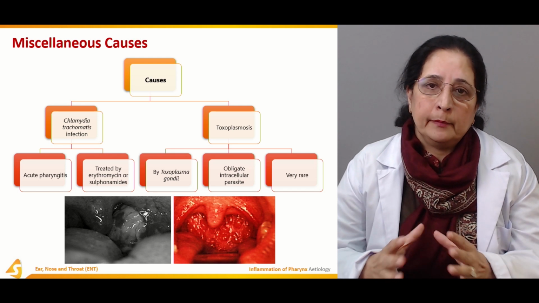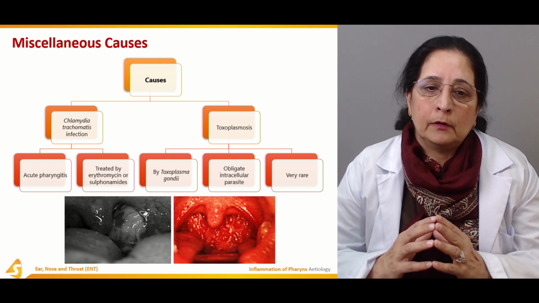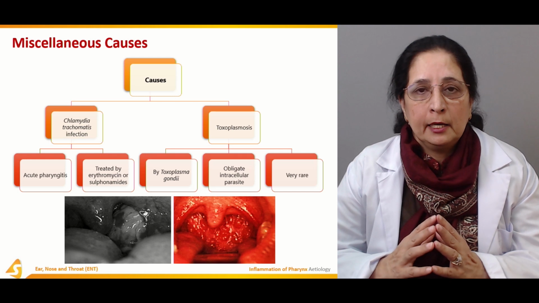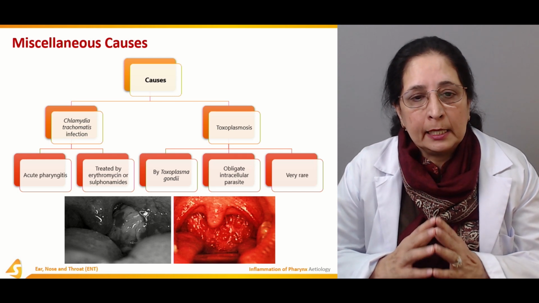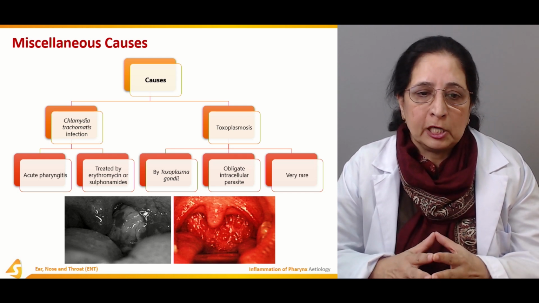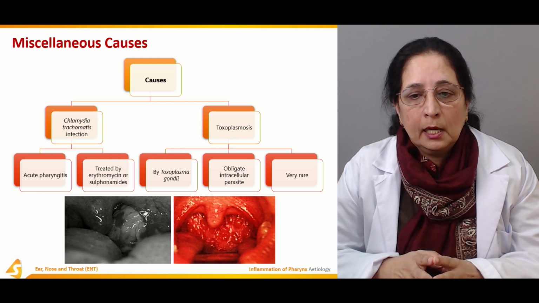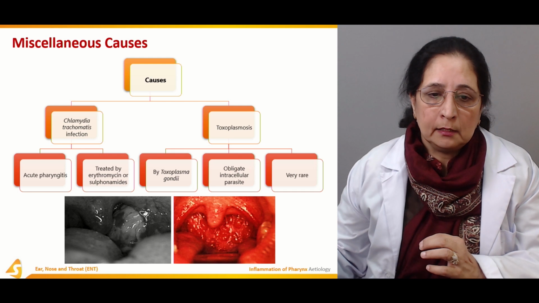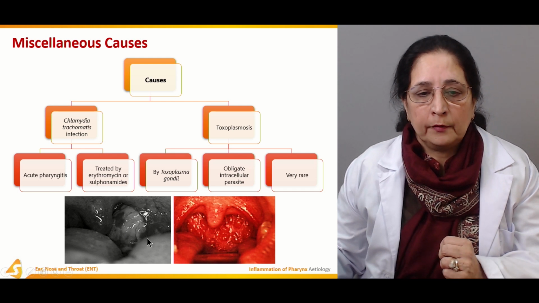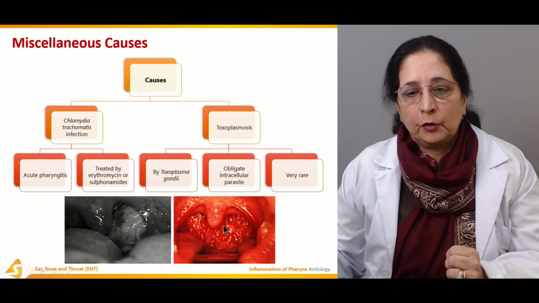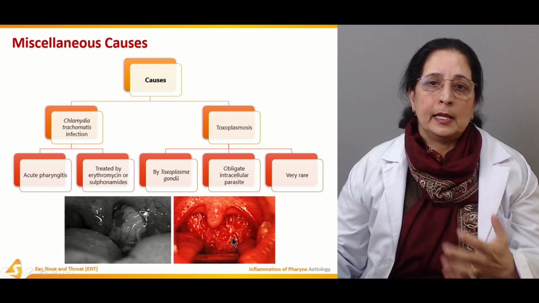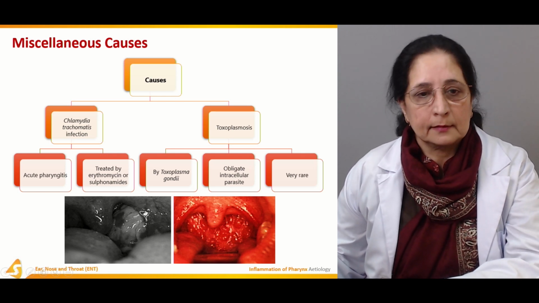So these are some miscellaneous causes of the pharyngitis, in which we have chlamydia trachomatis infection, and then toxoplasmosis, but it's rare. So these are the presentations of chlamydia trachomatis and toxoplasmosis pharyngitis.